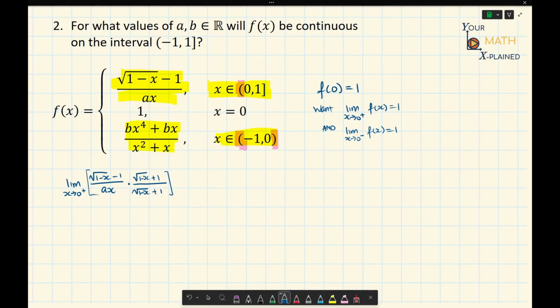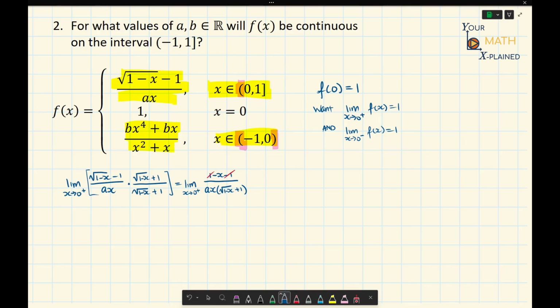Okay, so let's go ahead and simplify that. So this becomes the limit as x approaches 0 from the right-hand side. Now our numerator is going to be 1 minus x minus 1. And then our denominator is going to be a times x times the square root of 1 minus x, plus 1. So now we can see that on the top we have 1 minus 1, so that's just negative x.